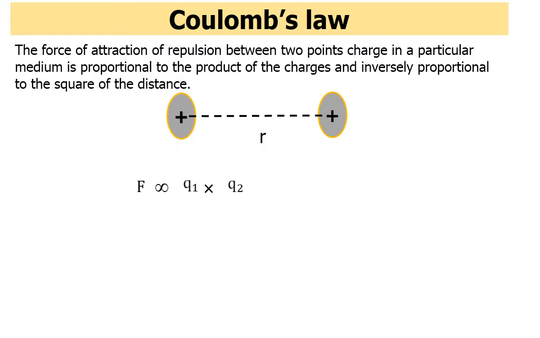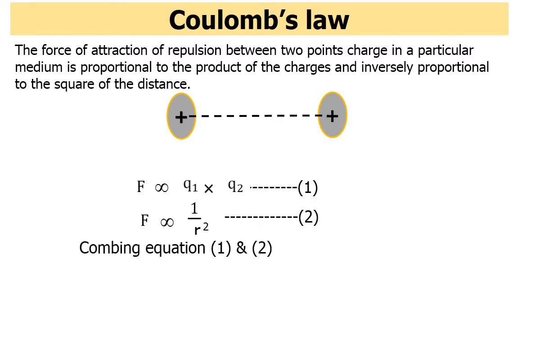Here you can see force is proportional to the product of two charges, and the force is inversely proportional to the square of the distance between them. If you mark that equation 1 and this equation 2, by combining those two equations we can write F proportional to Q1 into Q2 divided by R square.